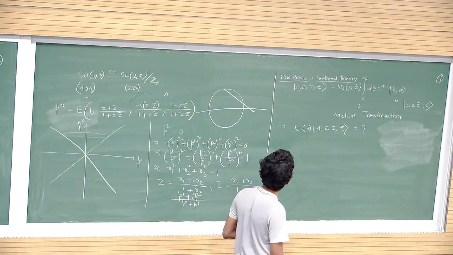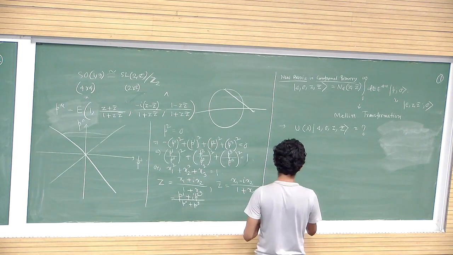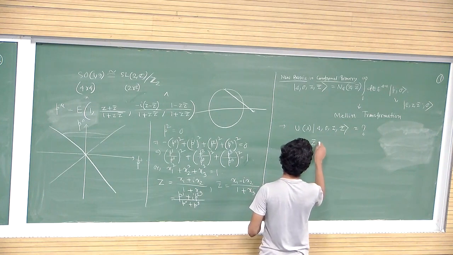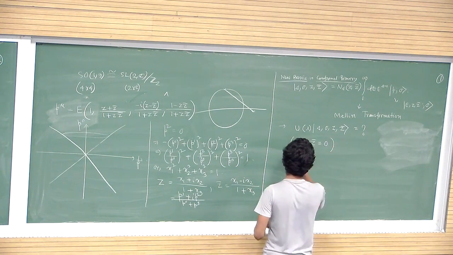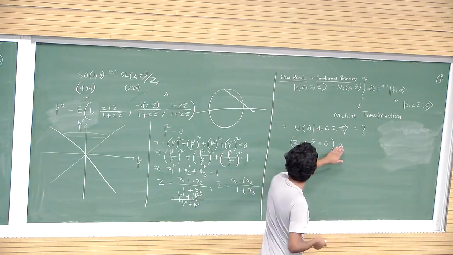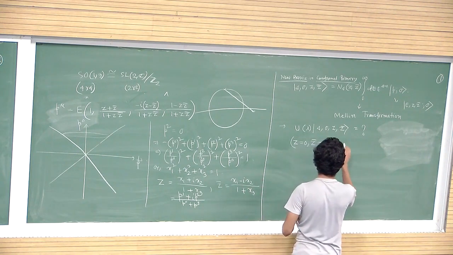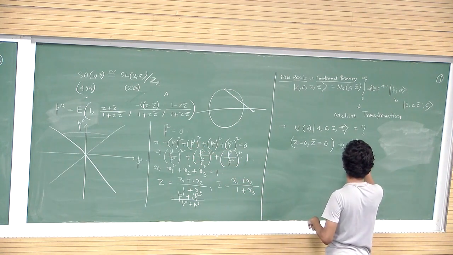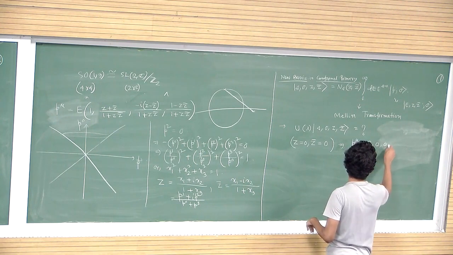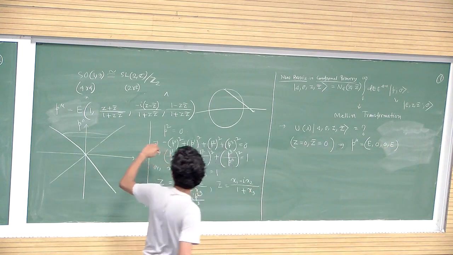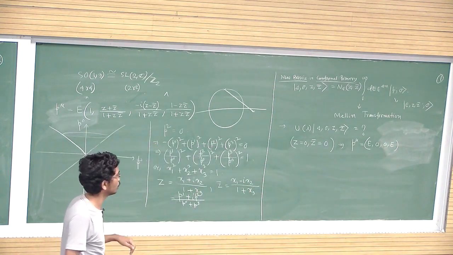My reference null direction in this case will be given by z equals 0, z bar equals 0. So what is z equals 0, z bar equals 0 in the momentum in this form? This is nothing but p mu equals E, 0, 0, 0, right, because z and z bar are 0.